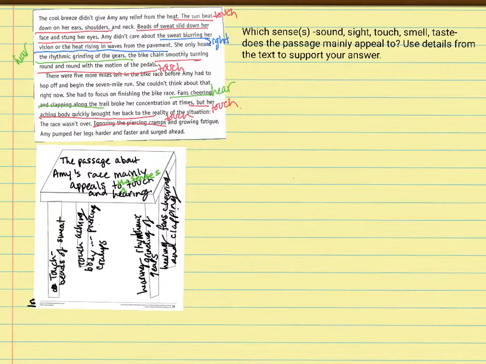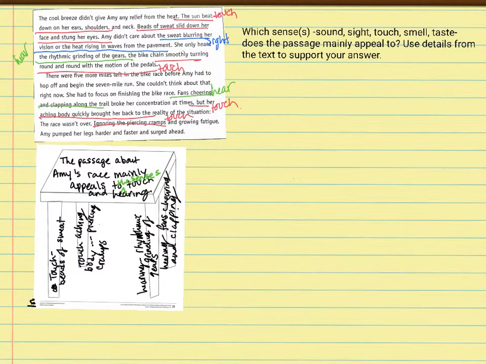Okay, so now the question is, how do we put this together in a paragraph? Well, it's pretty easy because we're just going to use the information from the text and the information from our table to put it all together. Okay, I'm going to do this one sentence at a time. I'm going to do the introductory sentence, and then I'll explain, and the next sentence explain, and you get it.